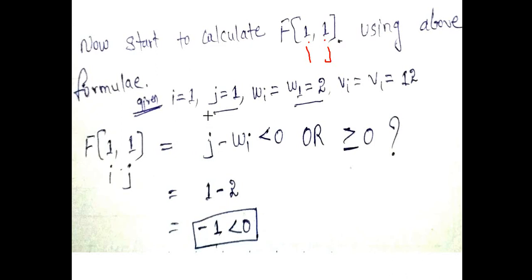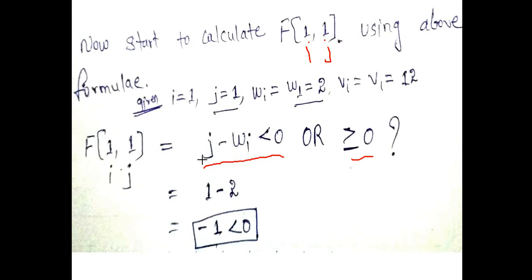There are 2 formulas. Among those we have to use only one formula. So how will you use that formula? First check this condition: j minus wi less than 0 or greater than 0, based on the given values.